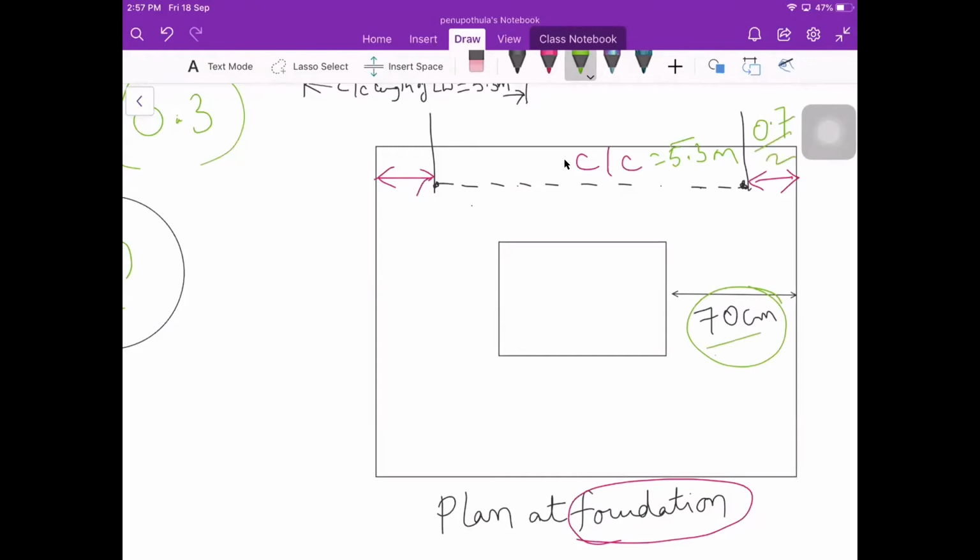Half width here is 70, not 30. 30 is at the level of the superstructure. The other side is also 0.7 by 2.